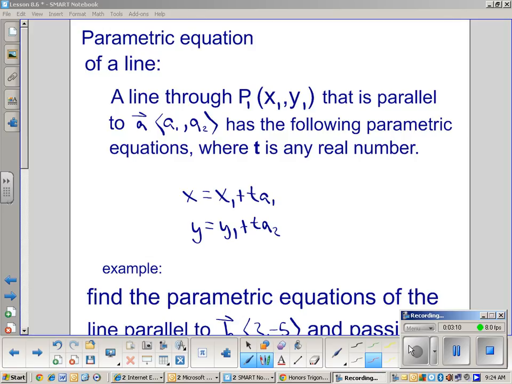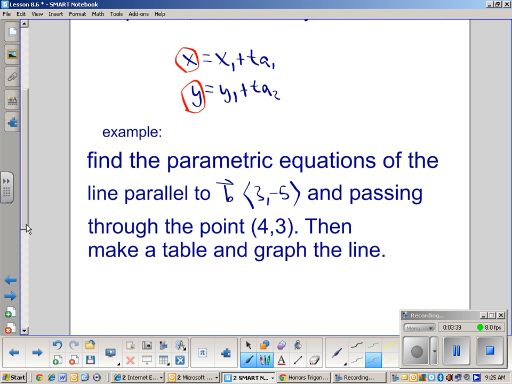Think of it as two separate components, a component for X and a component for Y. That's how we get the parameters of parametric equations for X and Y. So X is going to be X1 plus T times A1, and Y is going to be Y1 plus T times A2. Okay? And so that's how we're going to find this. And that's very simple, straightforward when they give us any information.